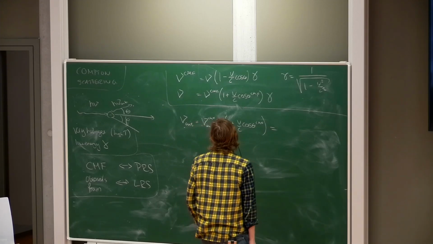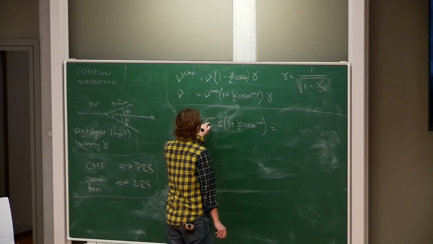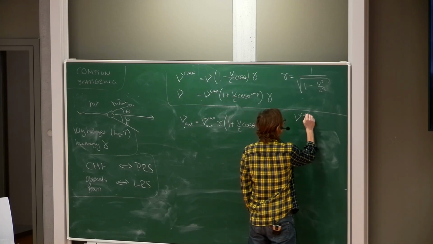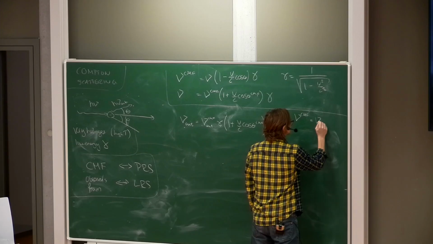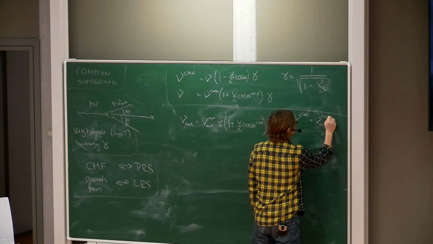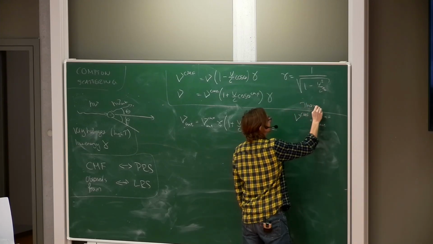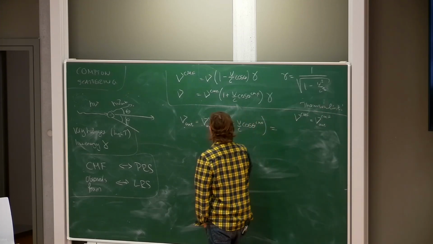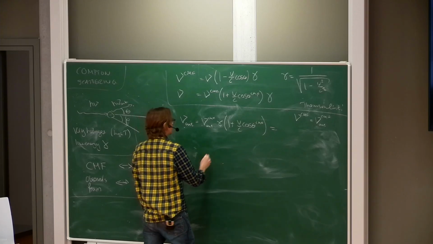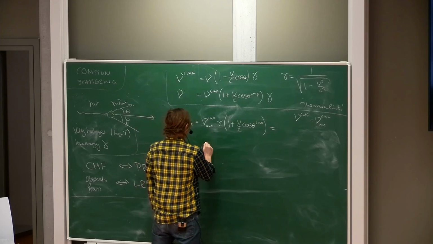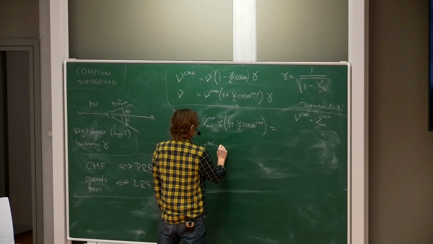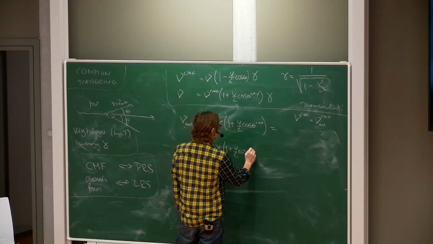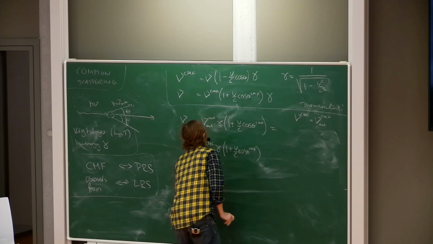So in the co-moving frame, nu co-moving frame of the atom equals nu out co-moving frame, because per definition, we're in the Thomson limit. Okay, so that's nice, because then we can just swap this to nu CMF times 1 plus V over C cosine theta in the co-moving frame here.